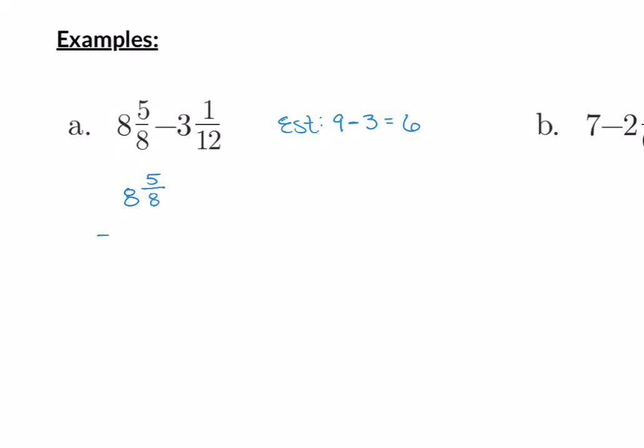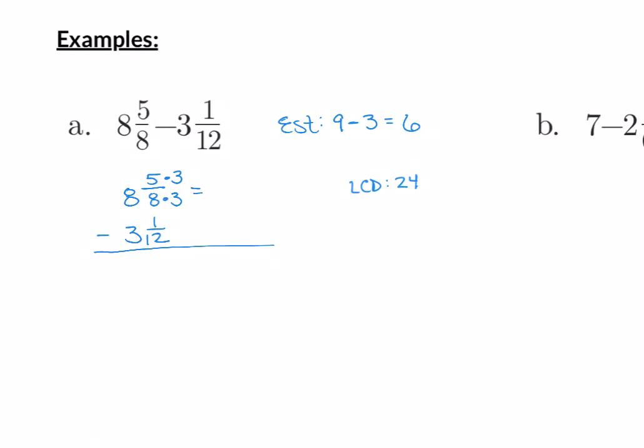All right, let's go ahead and do our exact answer now. So I'm going to start by lining up vertically. I want to know my LCD. So what is a number that is divisible by 8 and by 12? I'm going to work with 24. So the top fraction, in order to get from 8 to 24, I want to multiply by 3.